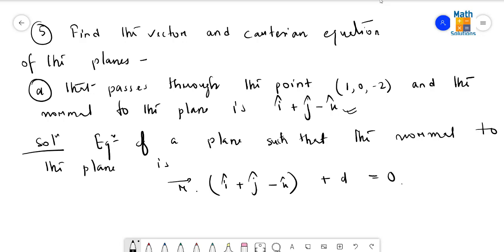Again it is given that the plane passes through the point 1, 0, minus 2. So its position vector we have to write down.